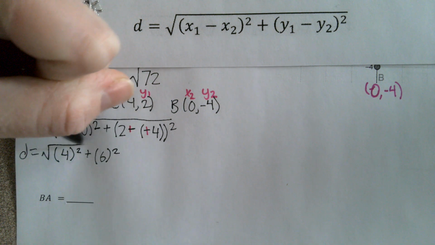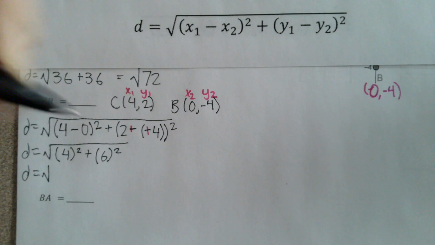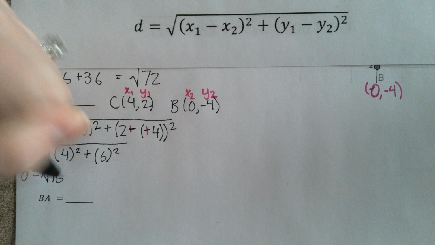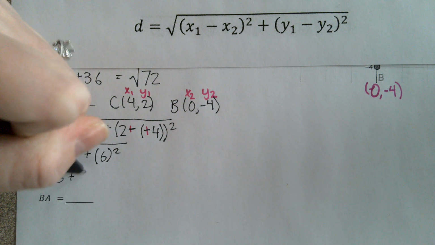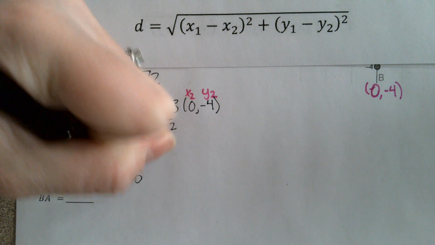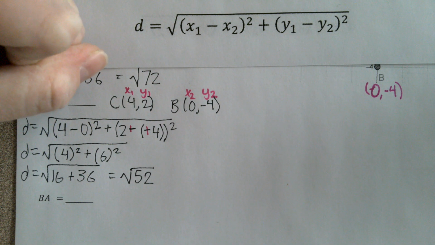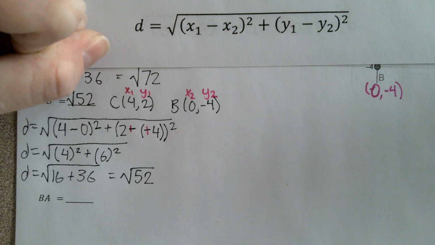And I'm squaring it. D equals the square root. 4 squared is 16, plus 6 squared is 36. And that gives me the square root of 52. So CB is the square root of 52.